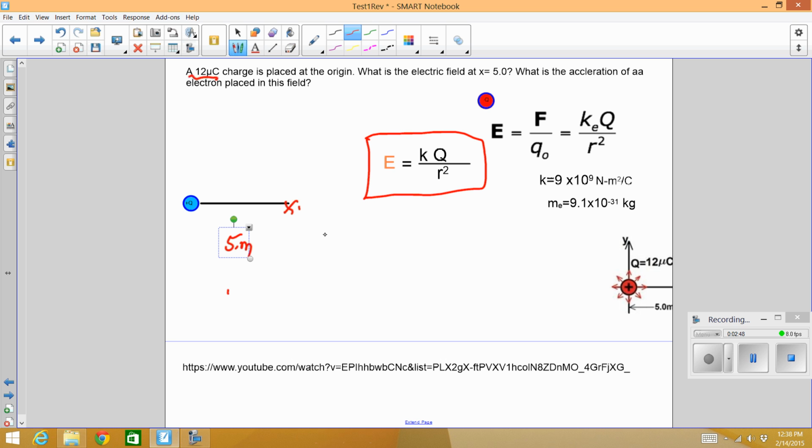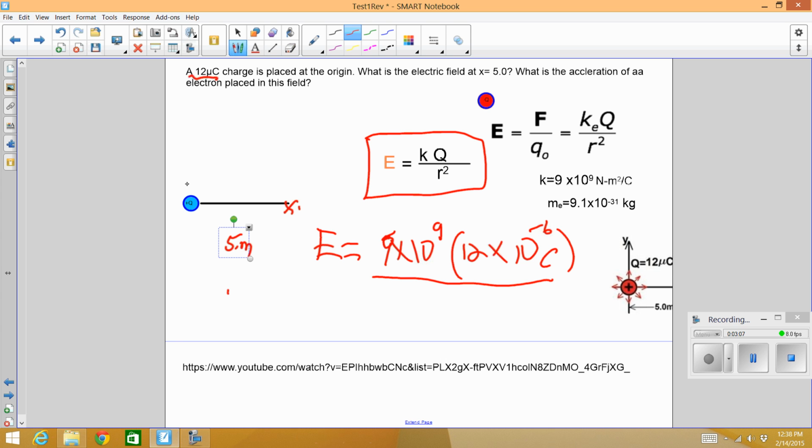So the electric field at that point will equal 9 times 10 to the 9th, multiplied by the charge, which is 12 times 10 to the minus 6 coulombs, divided by the distance to this point squared.